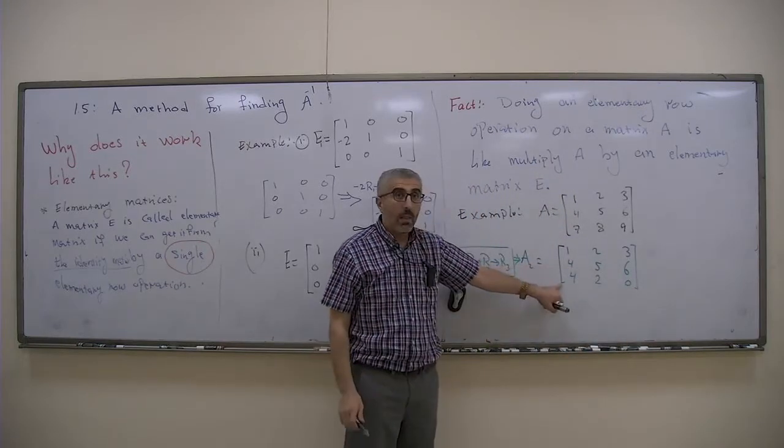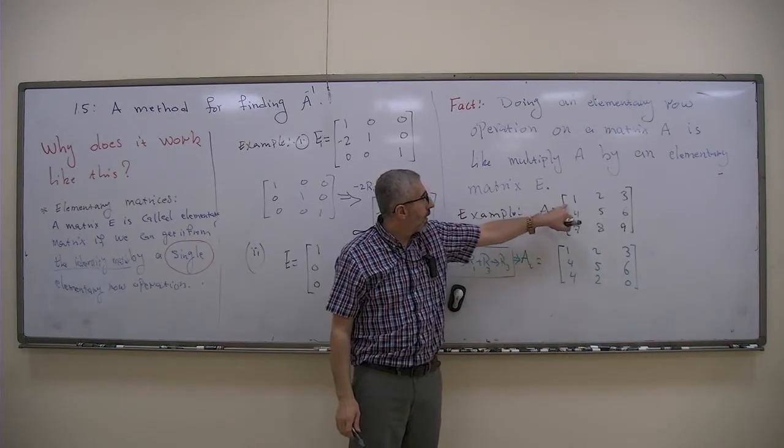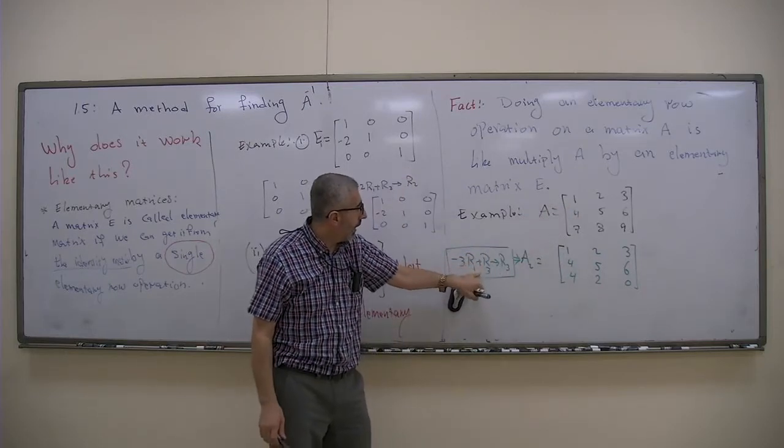So this matrix is coming from this matrix by a single elementary row operation.